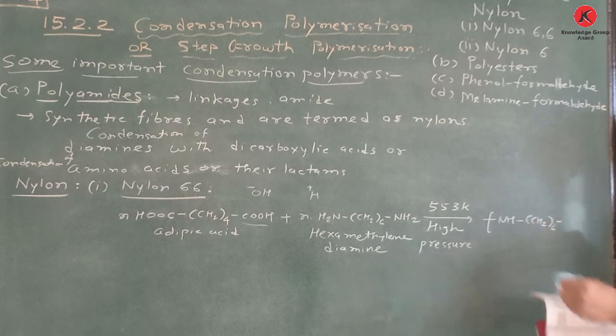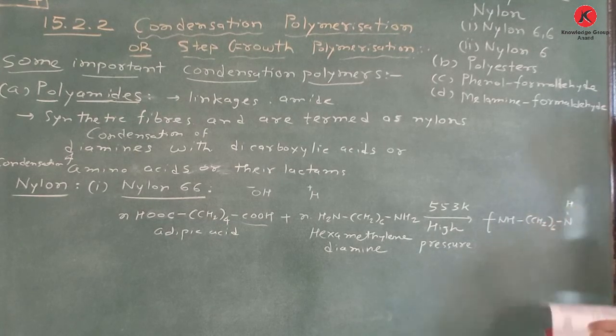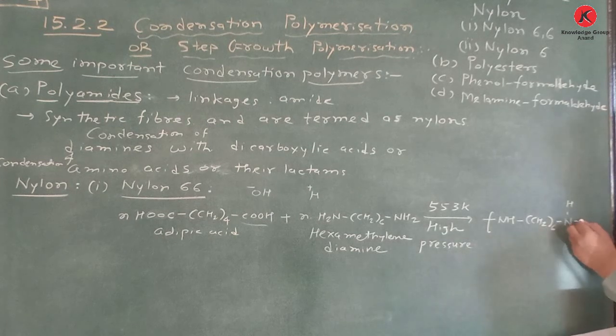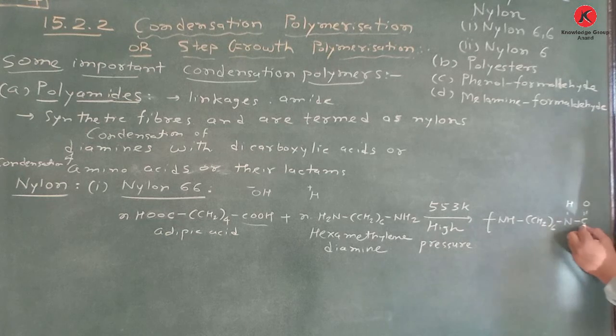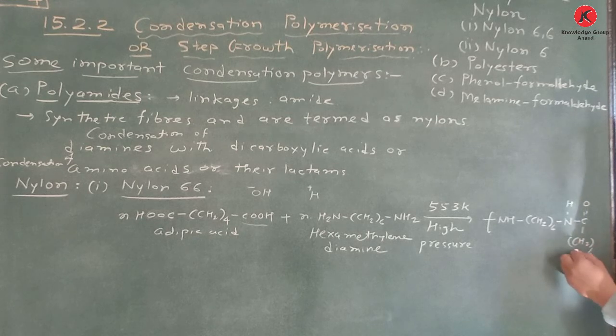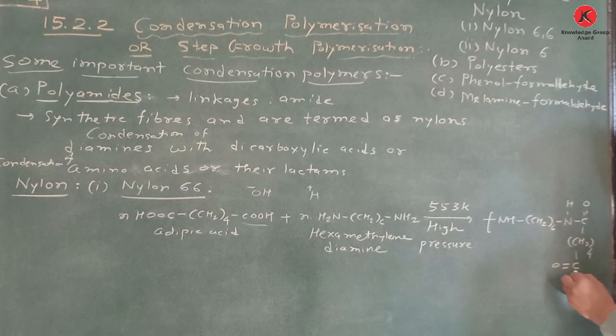Once again here we have to write NH, then C double bond O, then we write CH2 4 times, and then once again C double bond O, and then we write the bracket.